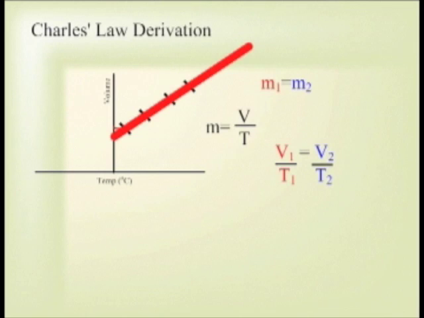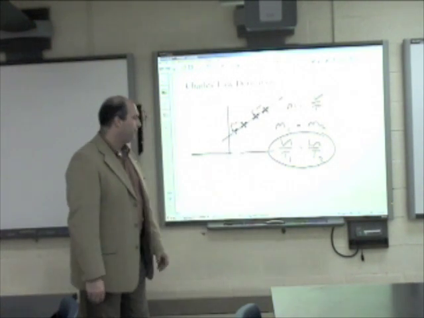What that means is we would now have slope is the same as volume versus temperature, and put some 1s and some 2s in there. And there we have our formula. V1 over T1 is equal to V2 over T2. And so this is Charles' law.